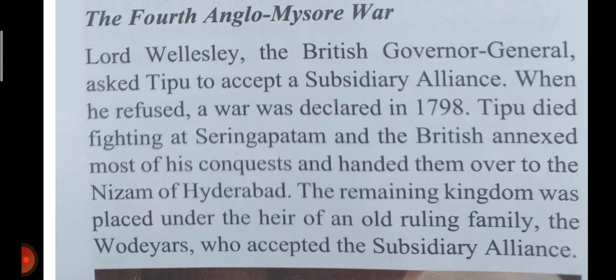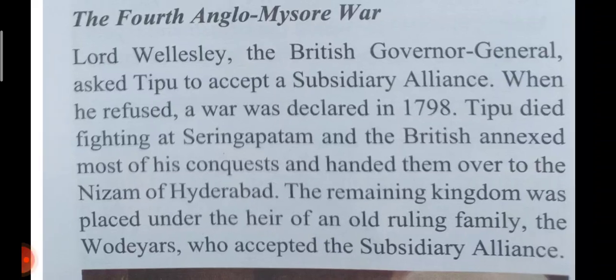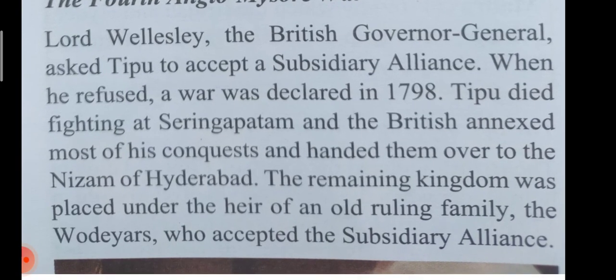Tipu died fighting at Srirangapattam, and the British annexed most of his conquests and handed them over to the Nizam of Hyderabad. The remaining kingdom was placed under the care of an old ruling family, the Wadeyars, who accepted the subsidiary alliance.